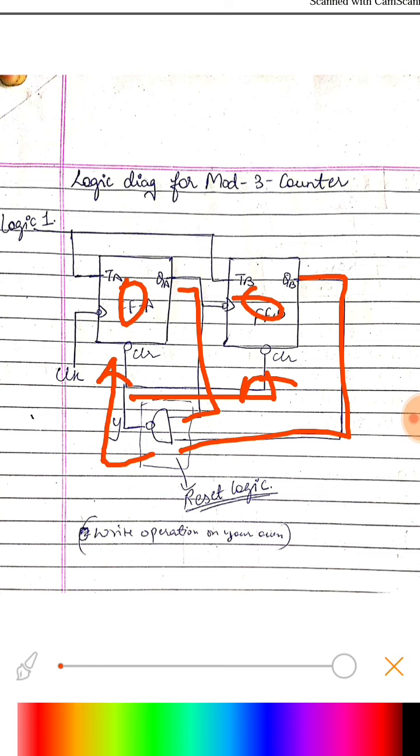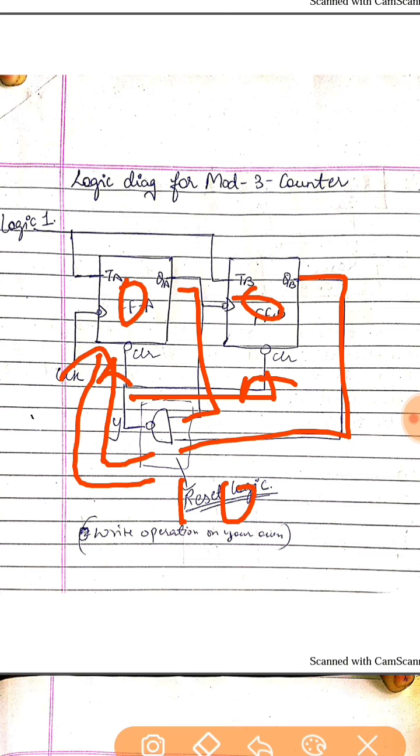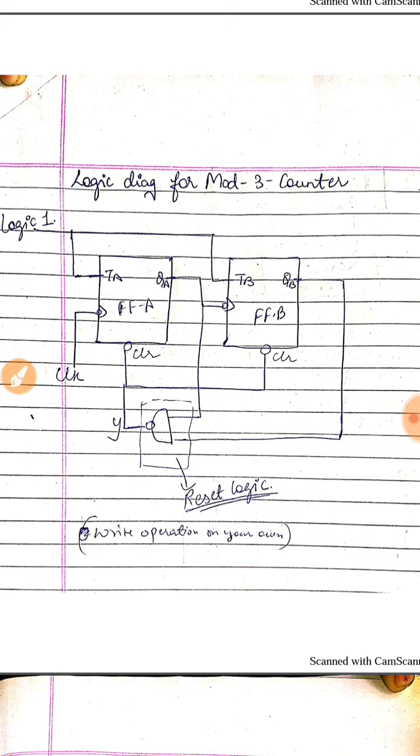So as soon as we get 1 and 0 as the count, our circuit would reset again to 0 0, and it will not count the 3. So this is how we can cut short our counts using a combinational or reset logic.